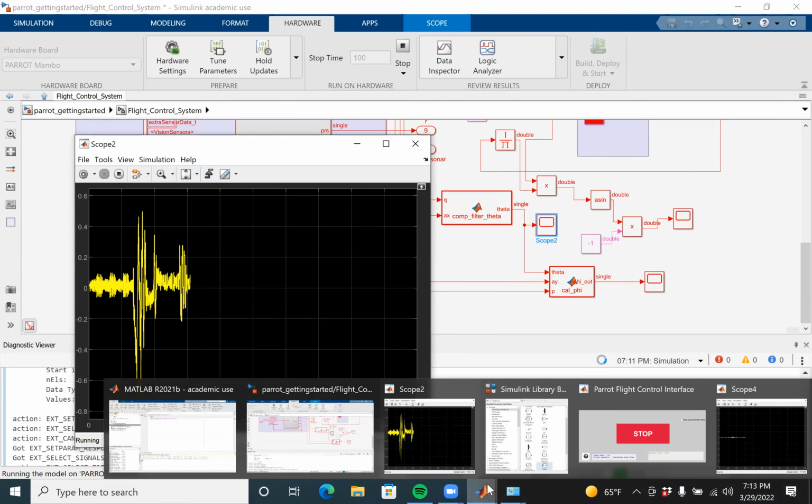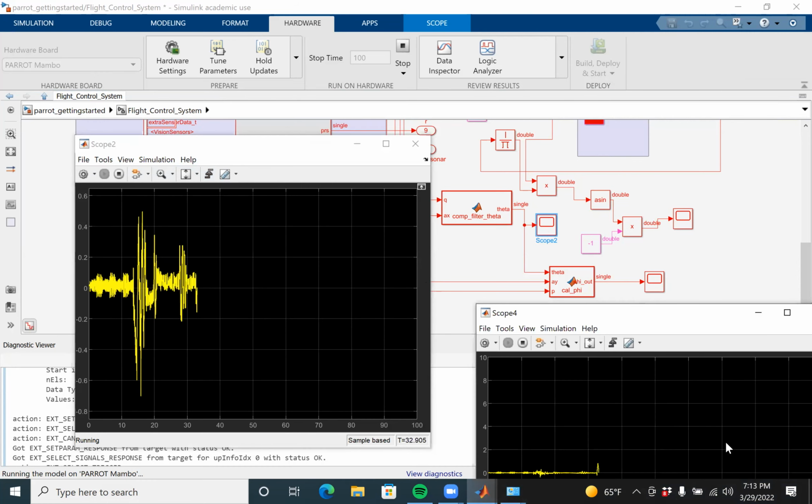And then the scope, can you see? I'm rolling. Roll. That is good.